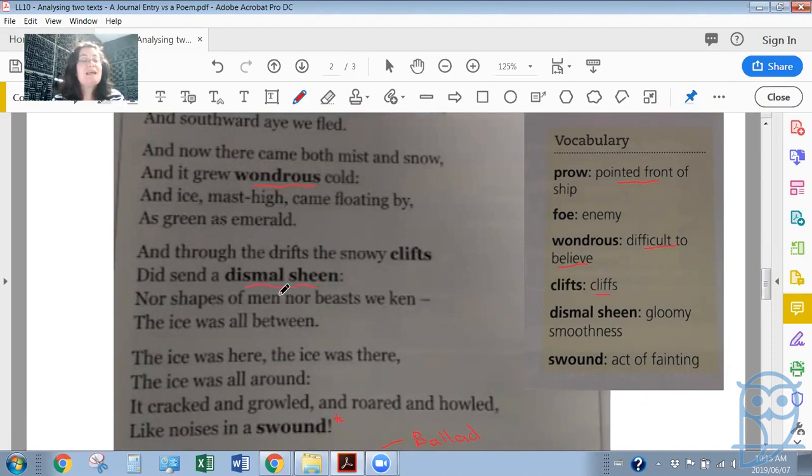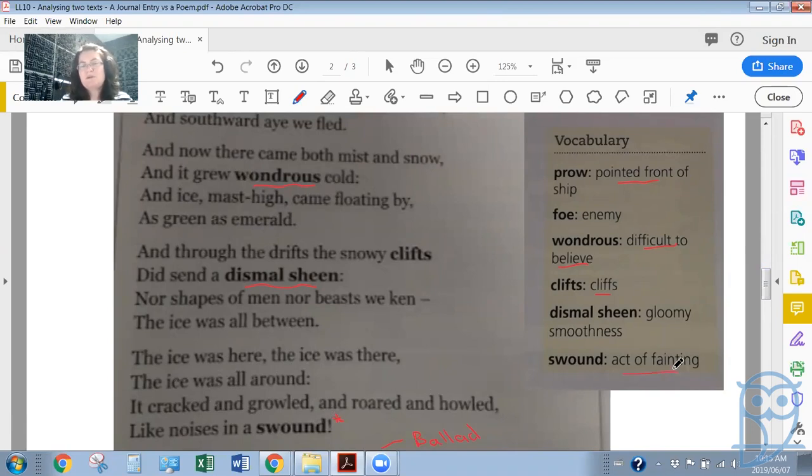Nor shapes of men, nor beasts we ken, we know. The ice was all between. The ice was here, the ice was there, the ice was all around. It cracked and growled and roared and howled, like noises in a swoon.